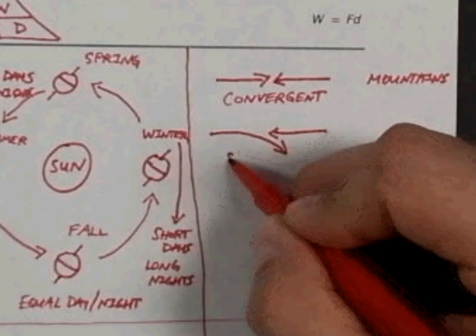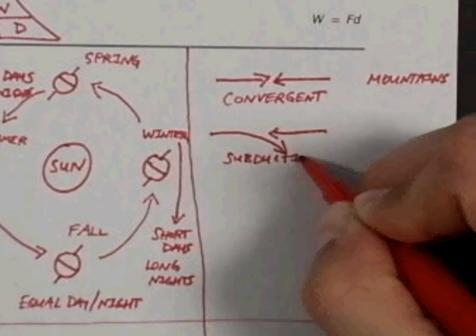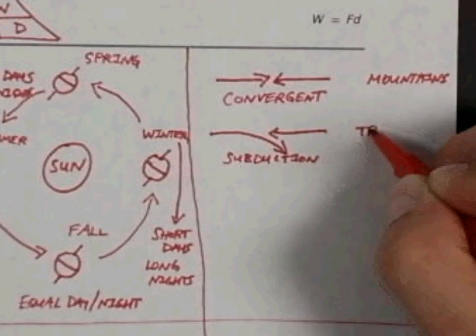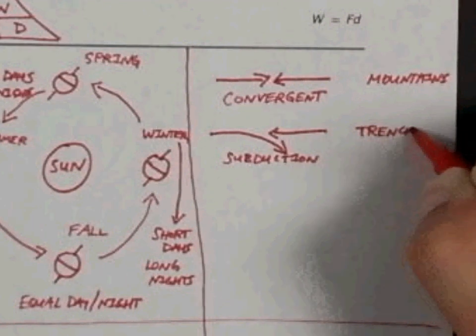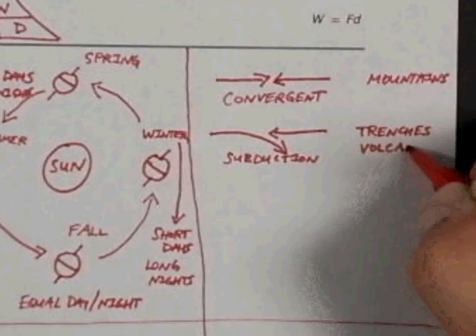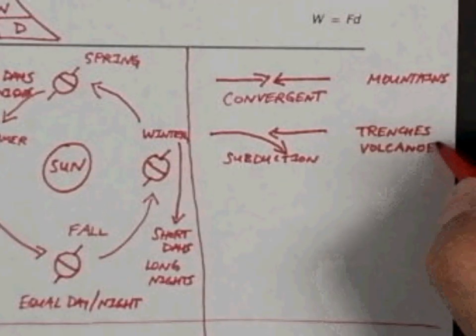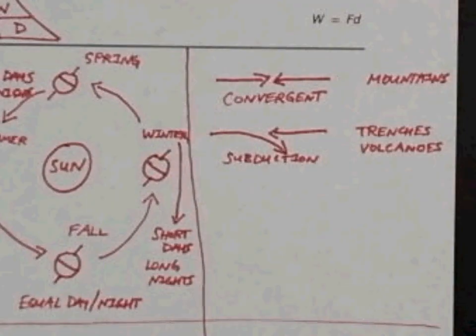So this forms trenches, and it forms volcanoes. So the trenches form right at the subduction zone, and the volcanoes form behind the subduction zone, generally on the continental plate or the less dense plate.